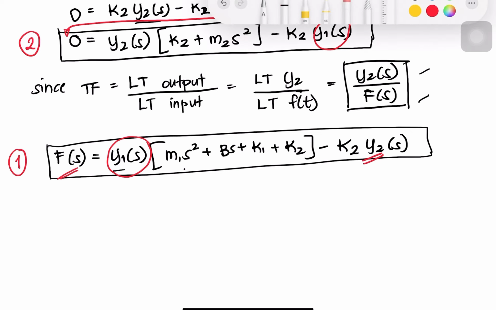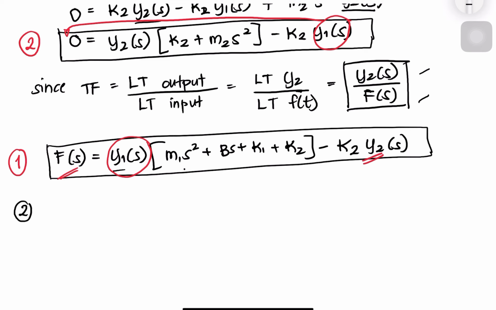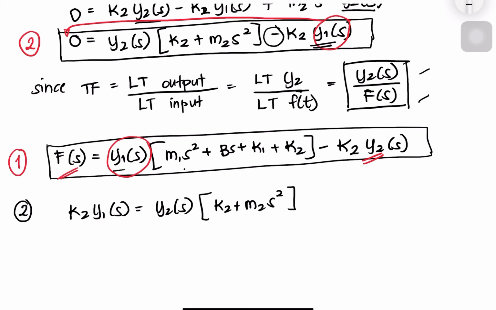Let's first work on equation number 2. So, ililipat natin tong y1 sa kabilang side. So, magiging positive na to. So, k2 y1 of s is equal to y2 of s times k2 plus m2s squared. And then we will divide both sides by k2.